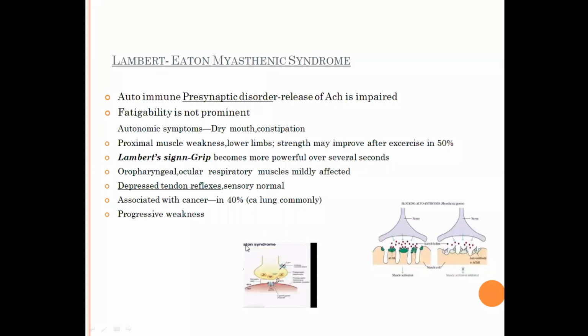sign to elicit. In Lambert-Eaton syndrome, the acetylcholine production is poor, but with exercise and more stimuli coming from the motor nerves, more acetylcholine is temporarily produced, and so there is an improvement in muscle activity with exercise, and then it becomes fatigued.